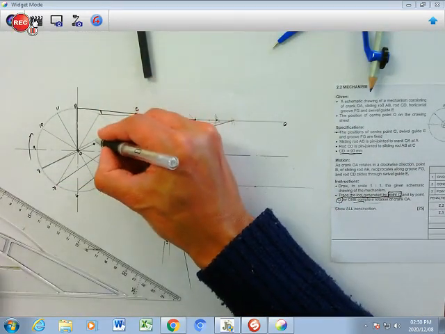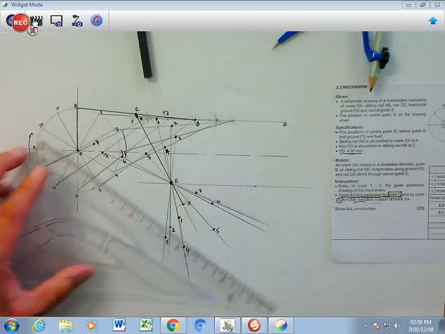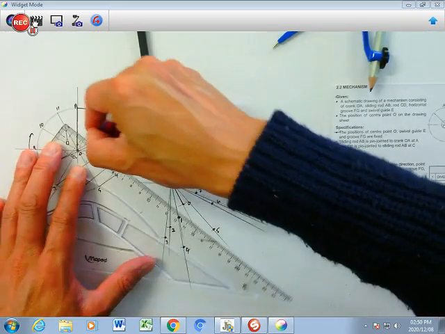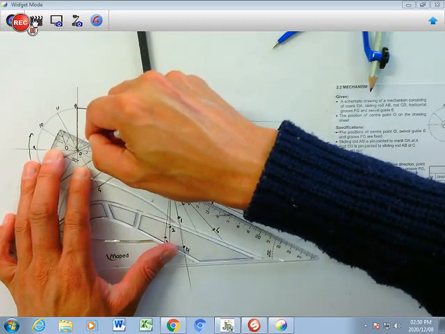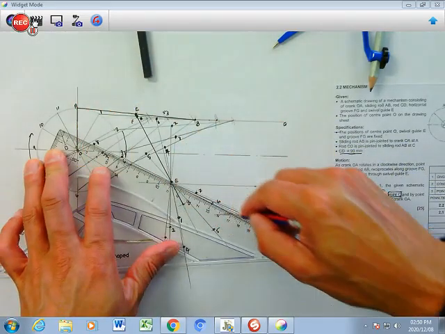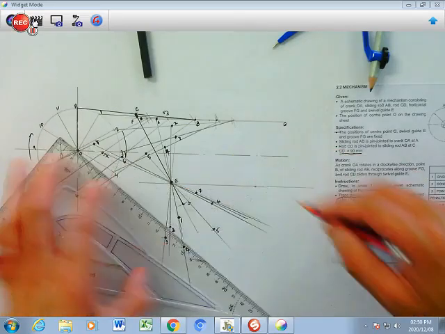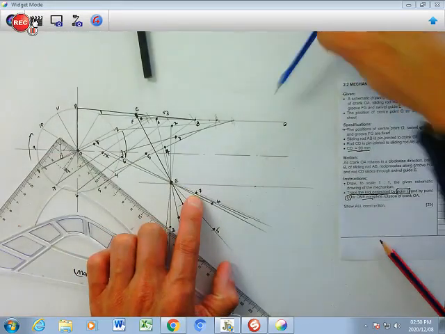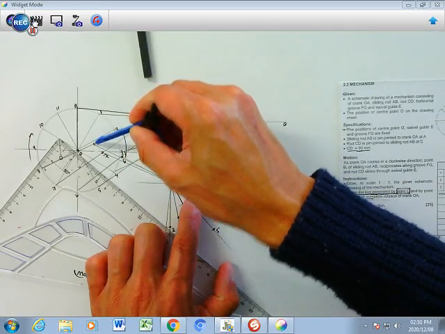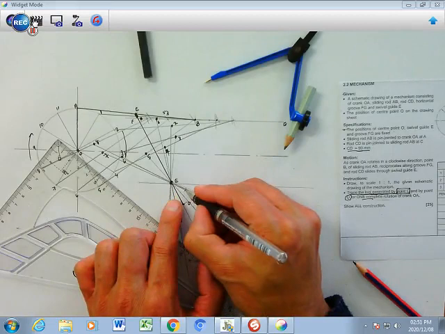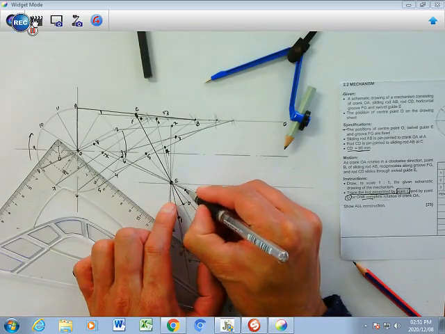Alright, that now becomes 8. I draw that point through my small point there. Alright, and I take that 8 point to arc off there, which is my 8 point here.